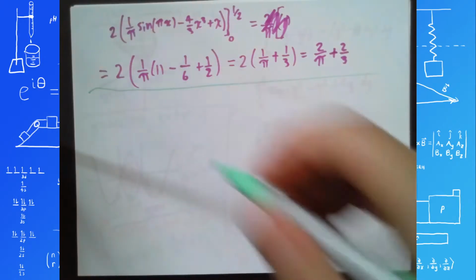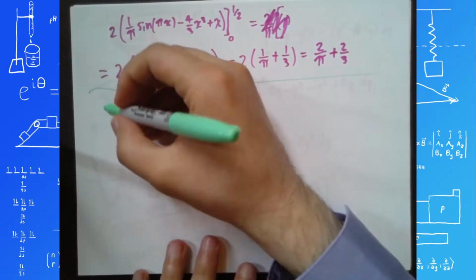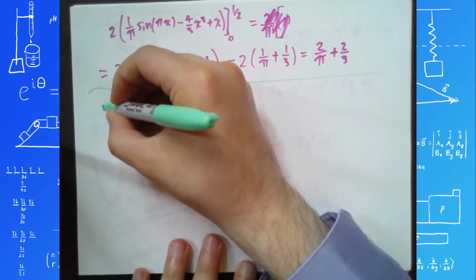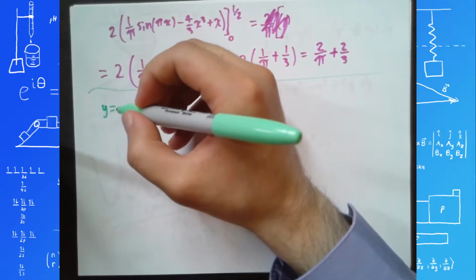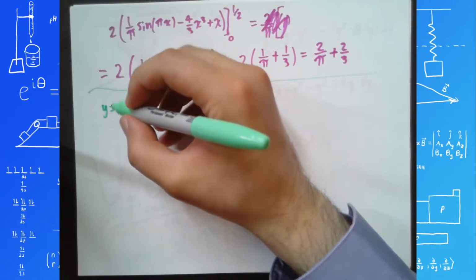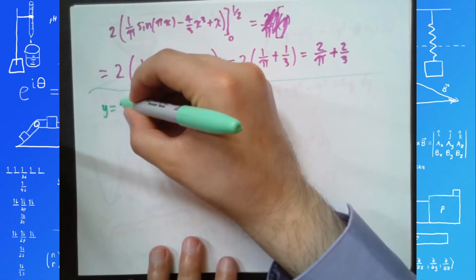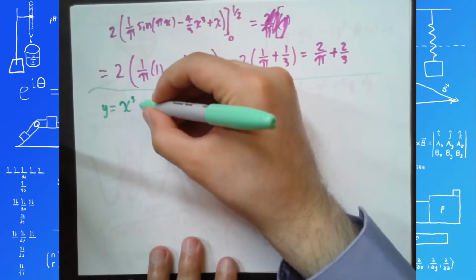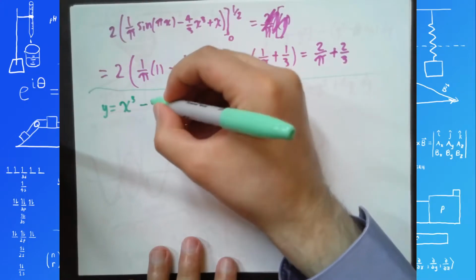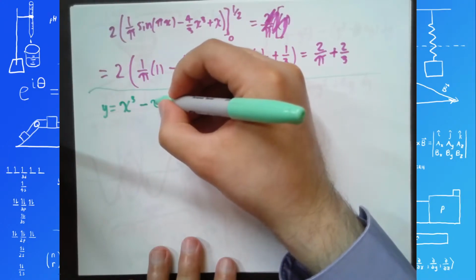Okay, so they tell us to find the area between the curves. I'm going to modify it. I'm going to make it y equals x cubed minus x. Well, should I?